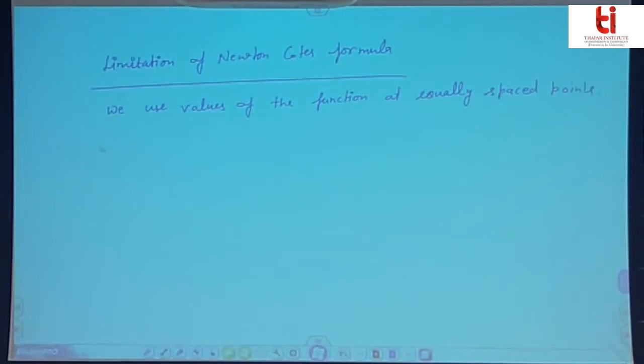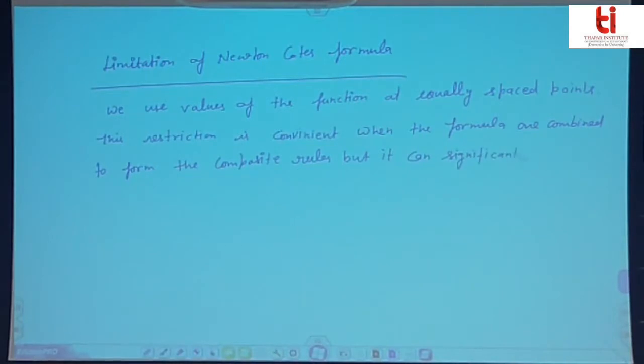Okay, this restriction is convenient when the formulas are combined to form the composite rule, but it can significantly decrease the accuracy of the approximation.